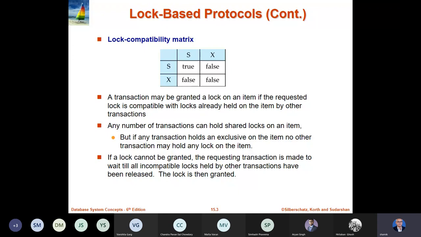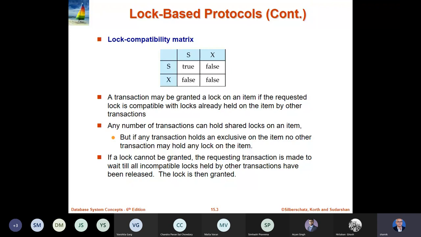Then T2 also can take a shared lock on Q. Now these two shared locks, S and S, are compatible. So that's why it's written as true, which is obvious: if T1 has taken a shared lock on Q, T2 can also be allowed to take a shared lock on Q, and that is what is meant by compatibility.